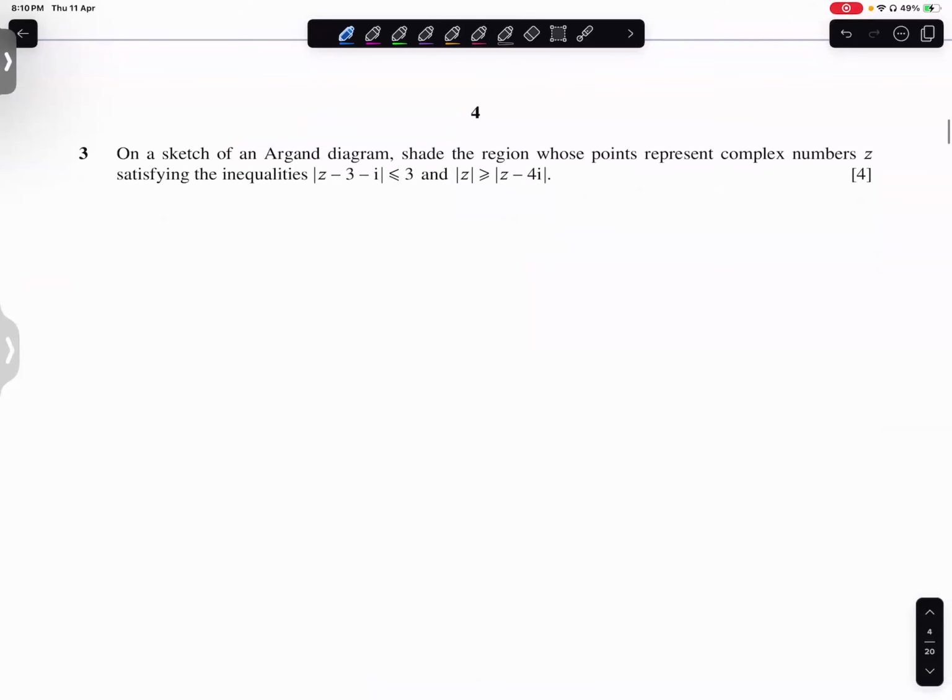So moving on to the next question: on a sketch of an Argand diagram, shade the region. So you can see, students, one of the equations is a circle and the other one is a perpendicular bisector. So let's do a little work on z, take minus common. So |z - (3 + i)| is less or equal to 3. So center will be (3, 1) and radius will be 3.